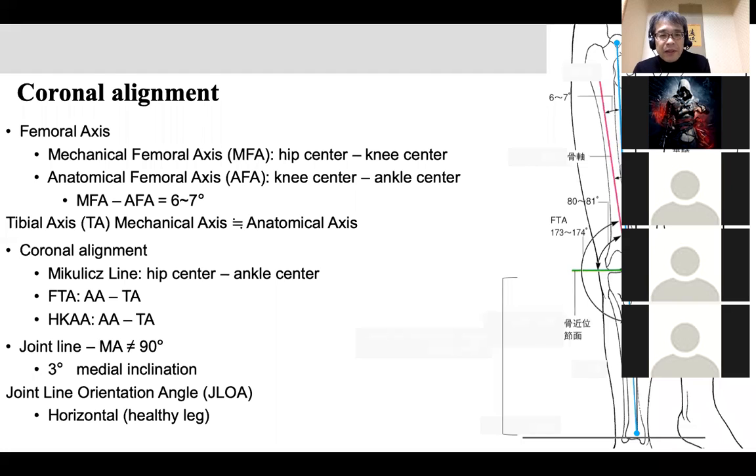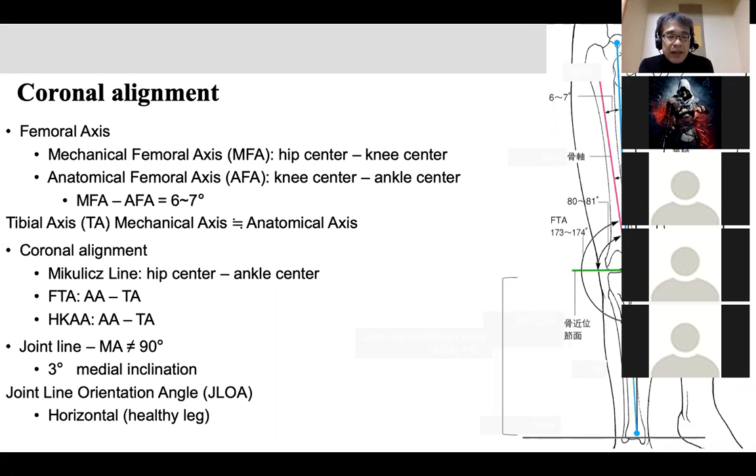The 50% is the center. The 0% is the medial side and 100% is the lateral side. So if the line passes the 25%, it means the loading line, Mikulicz line, passes just the center of the medial condyle at the knee joint.